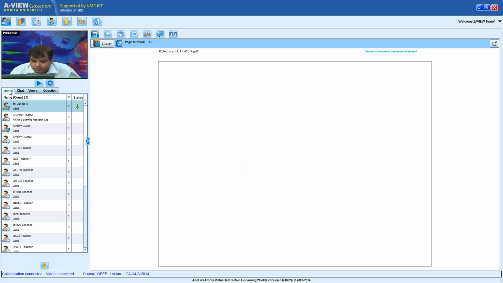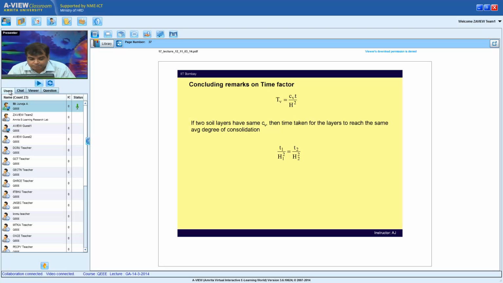Okay, we are on to our last slide before we do the problem sheet. Remember, TV we said is CVT upon H square, and we are looking at vertical consolidation. So I put CV, just to satisfy my heart that we are looking at vertical consolidation.